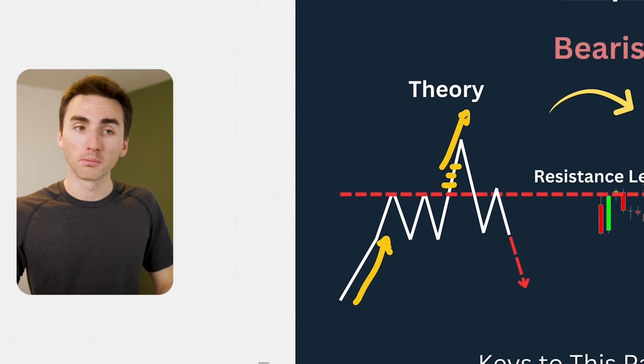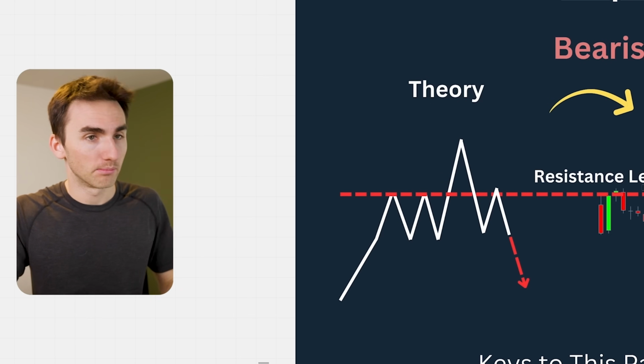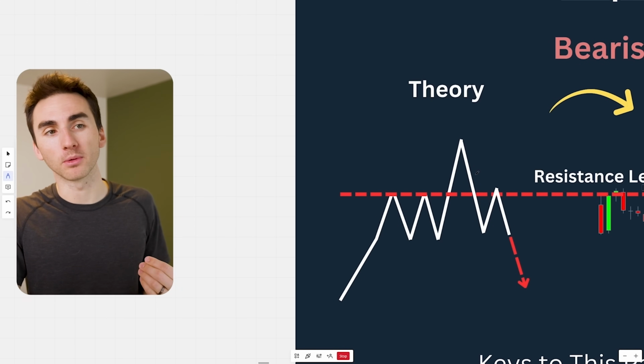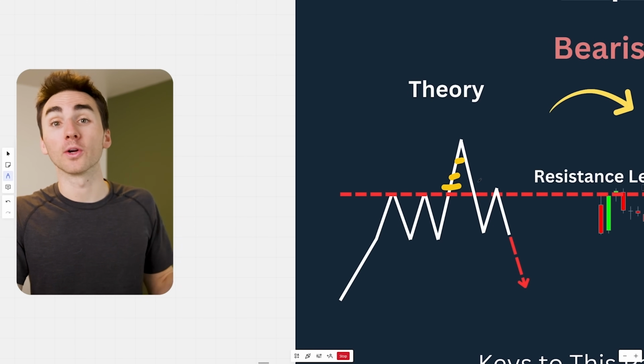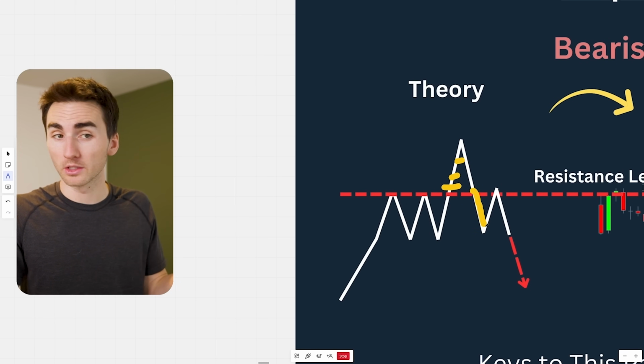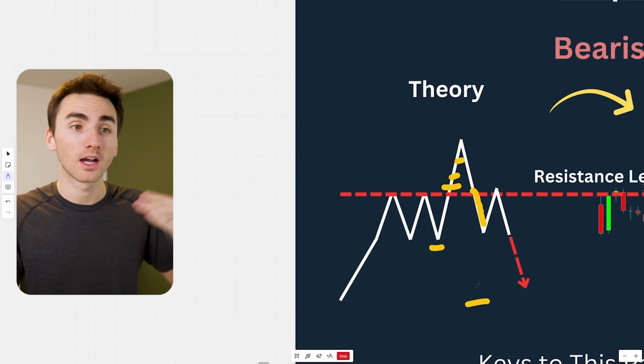And instead, the market, not every time, but when this does happen, the market decides to flip on those people. So all these people that bought long are now losing money as this goes down, and who knows where their stops are. Maybe they're here, maybe they're down here, I don't know.